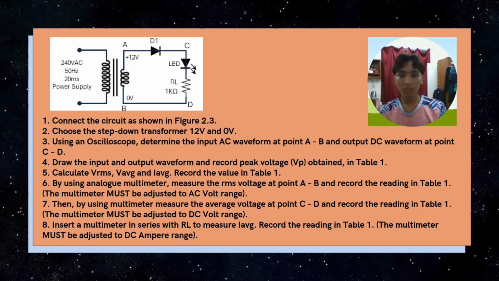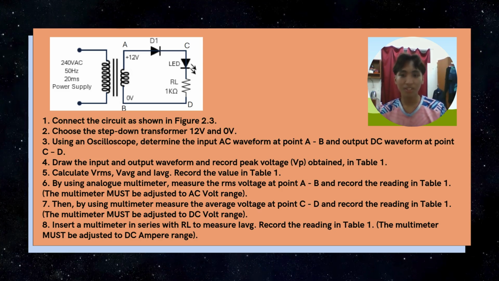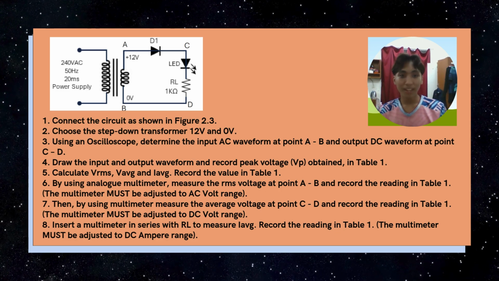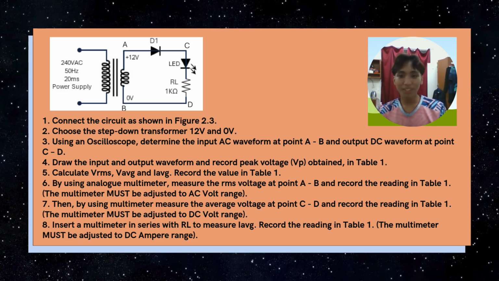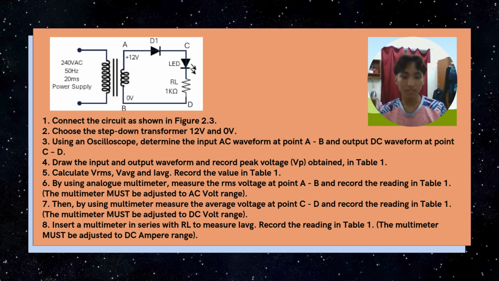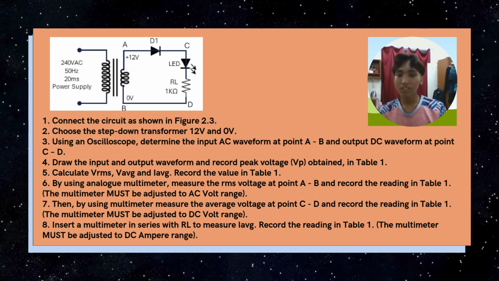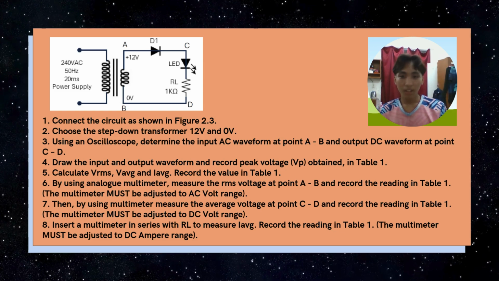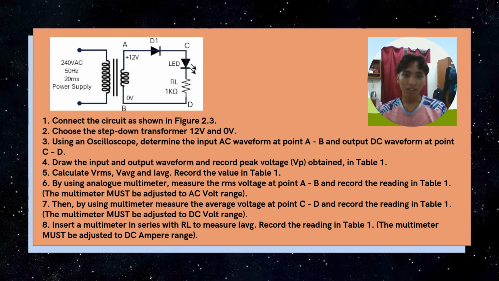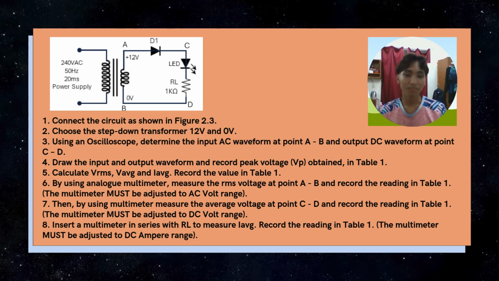Also, don't forget to adjust the multimeter to DC volt range. And lastly, insert a multimeter in series with the RL, which is the resistor, to measure the current average. Record the reading in table 1 and don't forget to adjust the multimeter to DC ampere range.